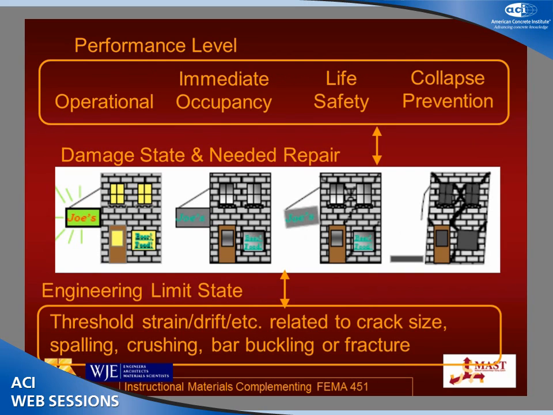So if we go back to the performance-based engineering philosophy, we have these categories or places along the behavior of the wall, and those have been related to damage states and needs for repair. Then to use this in design, we need to connect all of this to some engineering limit state that we get out of our model.